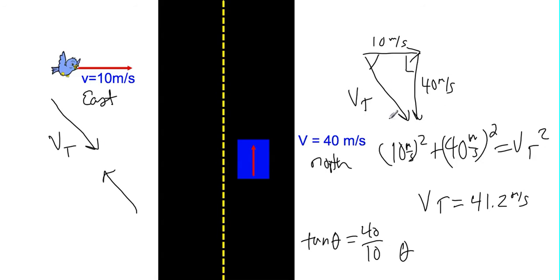You won't see a lot of these types of problems in terms of having to find these angles and these sides, but it's definitely a thing to think about when you're talking about relative velocity. The easiest way to keep track is, where's my reference location? In this case, we said it was the car. So the bird is going to seem like it's moving to the south and to the east relative to the car when they cross. And that's our discussion on relative velocity.